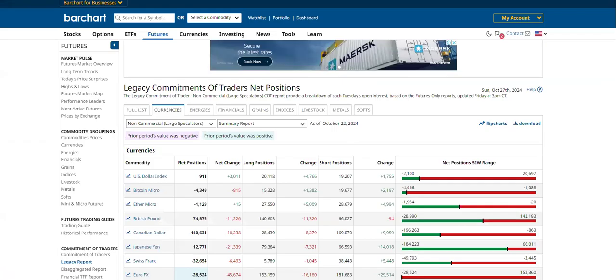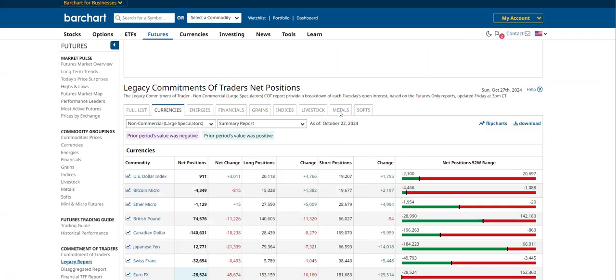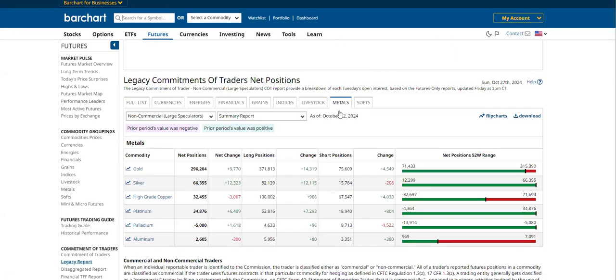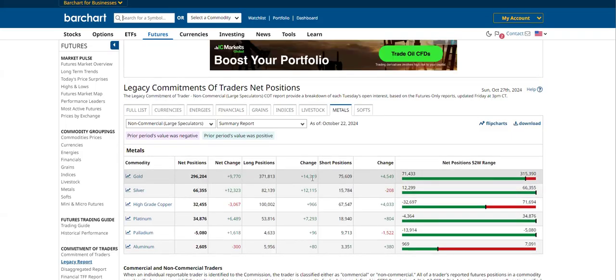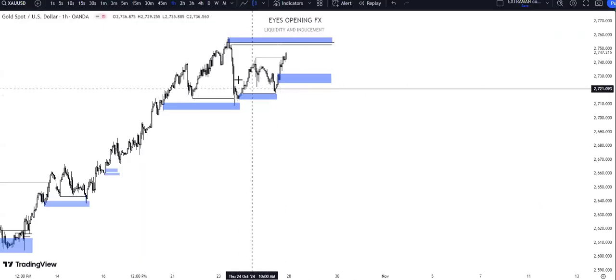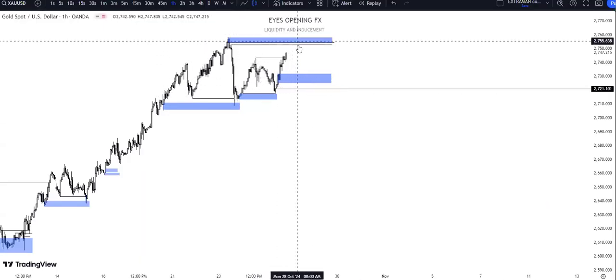When you look at the commitment of traders in the MetaTrader, what are they doing on gold? They added more long positions last week. They added some short positions, but overall they added more long positions, and you see the number of buyers. So overall gold is still bullish, and we look for higher prices on gold.